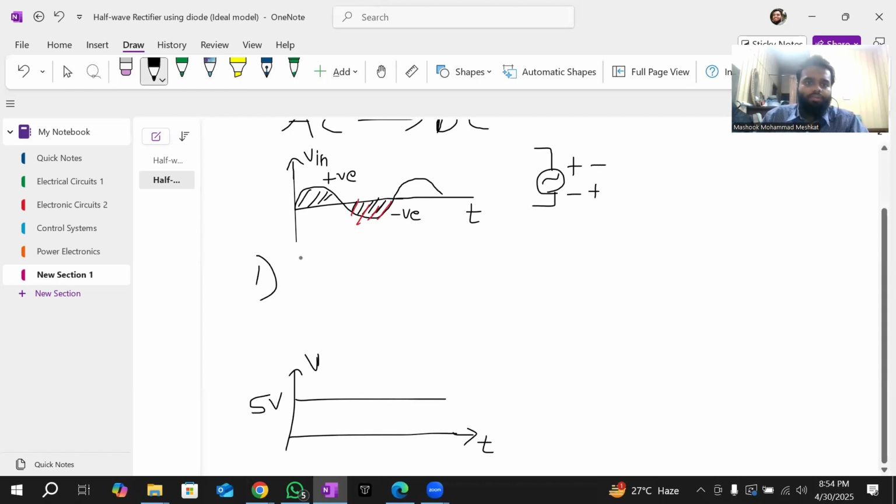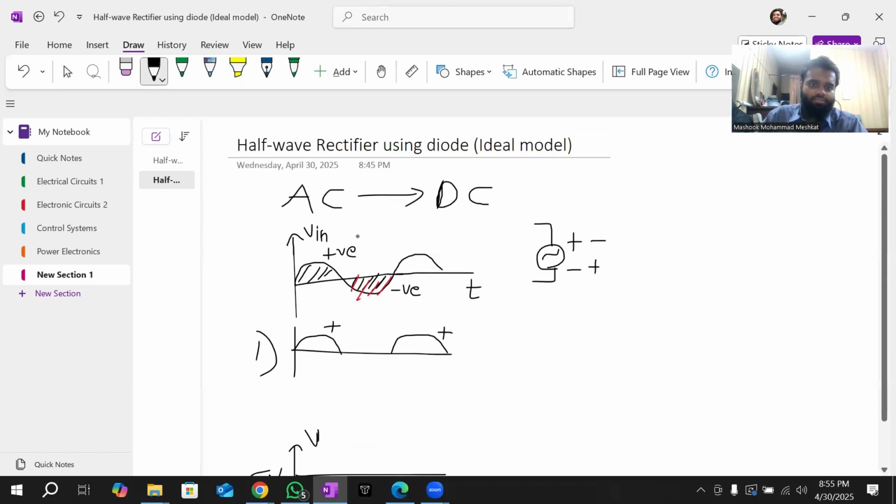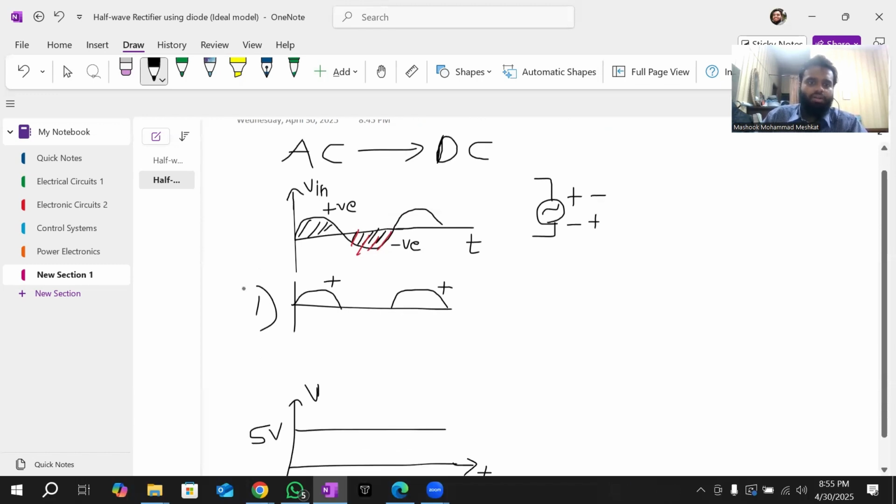So when I cut off this part, the signal that stays is something like this. The negative part is cut off, and the positive part remains. So you see that there is no negative part. This is our first step, and the half wave rectifier's work is actually doing that.